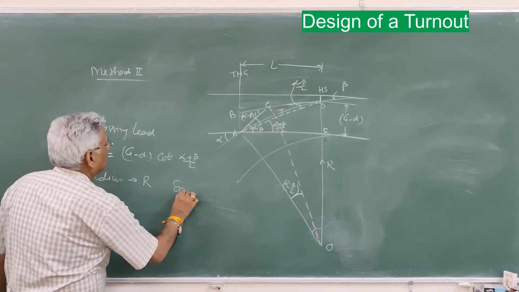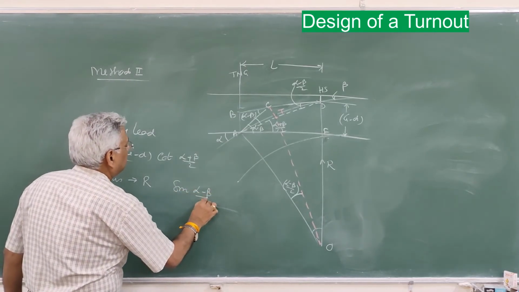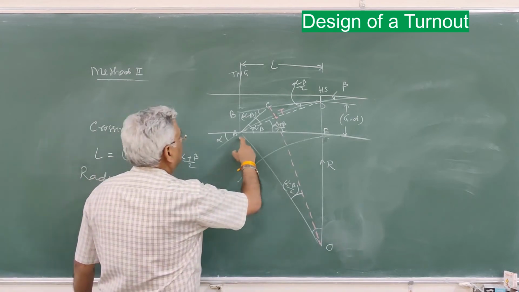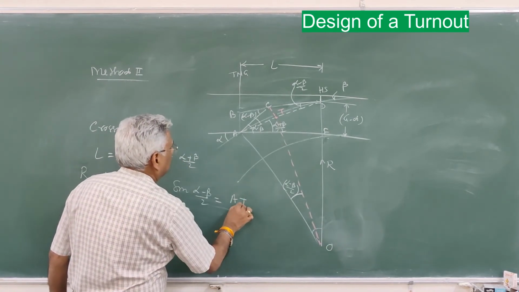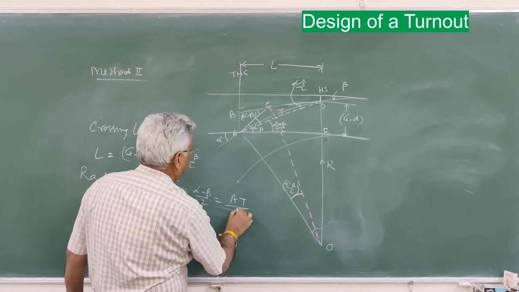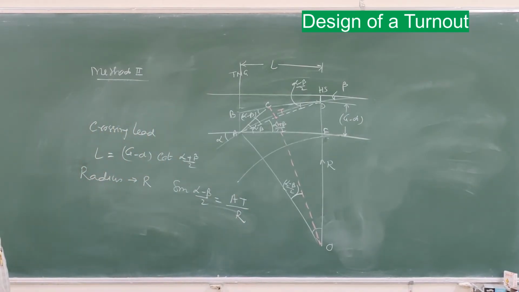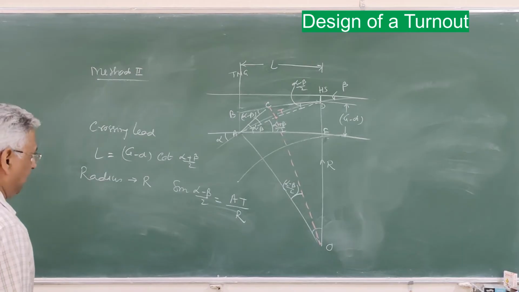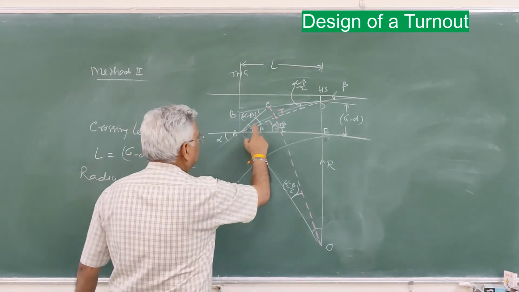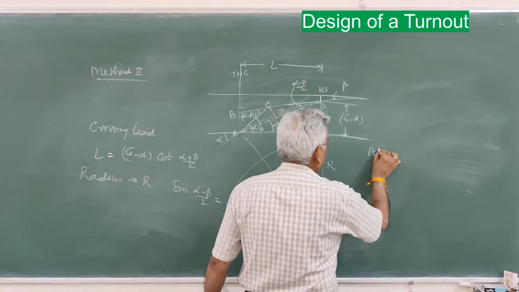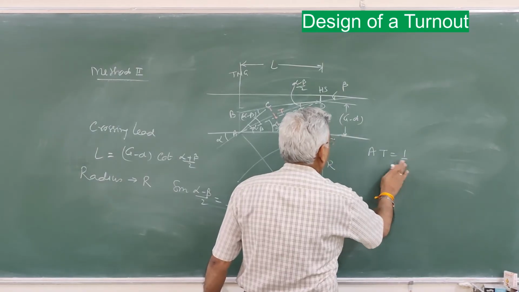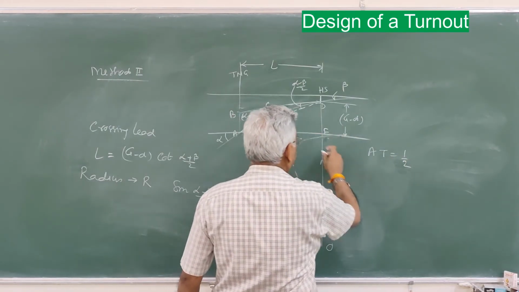And sine alpha minus beta by 2 will be AT upon R, that is AO, R. And AT is half of AD.